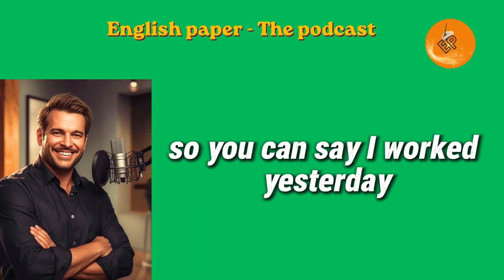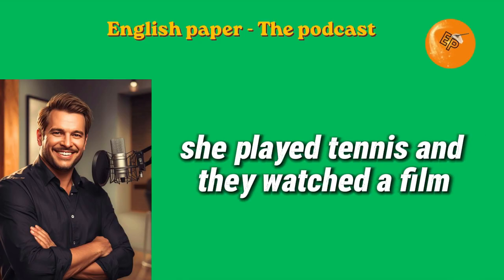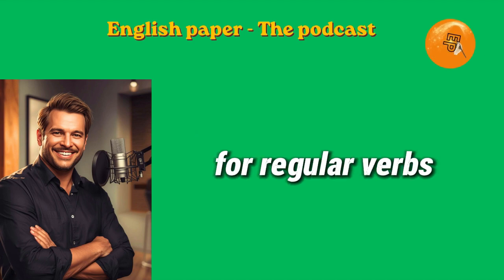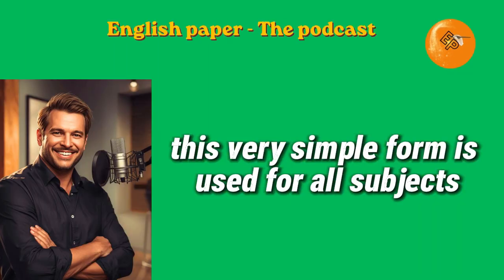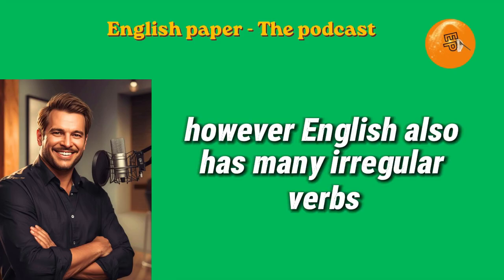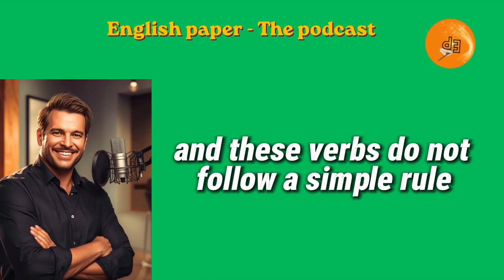So you can say, I worked yesterday, she played tennis, and they watched a film. For regular verbs, this very simple form is used for all subjects. However, English also has many irregular verbs, and these verbs do not follow a simple rule.